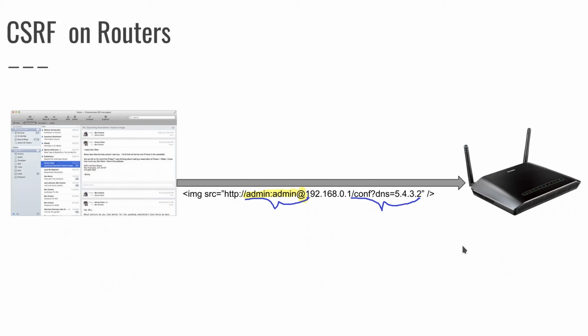And obviously an attacker here would set a DNS server that is under his control. So every time you want to visit a website, for example your banking website, the DNS server of the attacker would always return the IP address of an attacker server. And then instead of the website of your banking provider, you would end up on the website of the attacker.